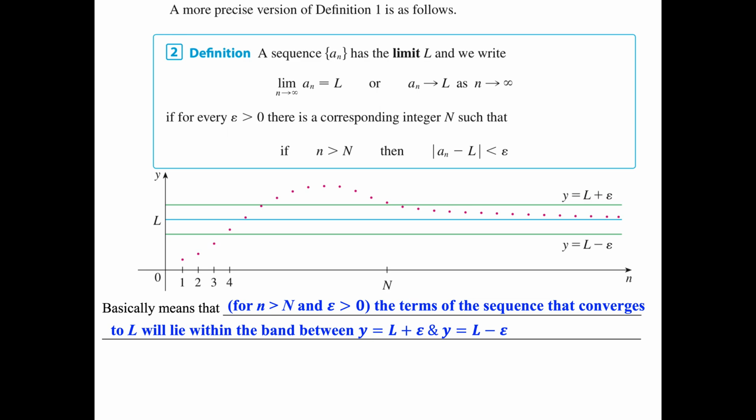So basically, for n greater than capital N and epsilon greater than 0, the terms of the sequence that converges to our limit L will lie within the band between y equals L plus epsilon and L minus epsilon. That is represented by those two green lines here.